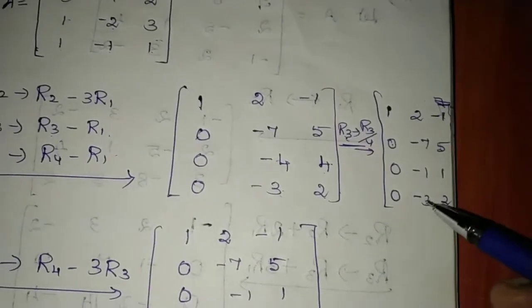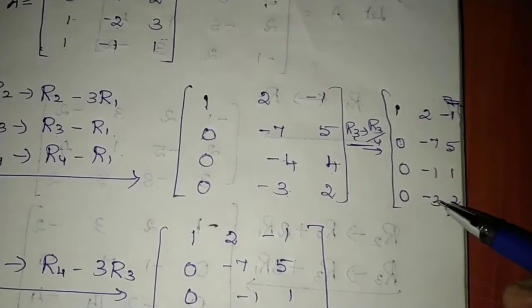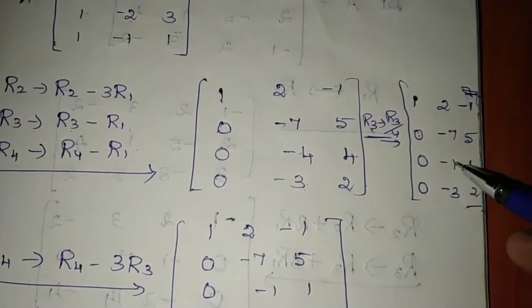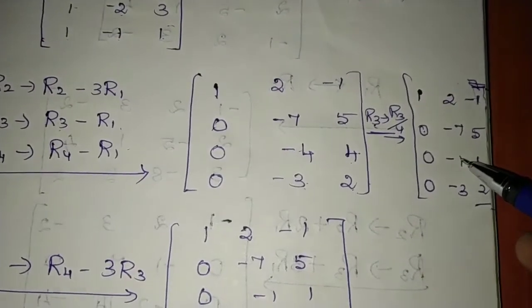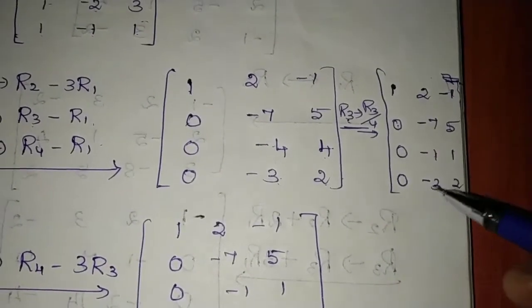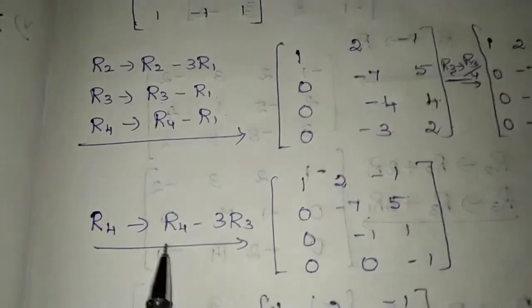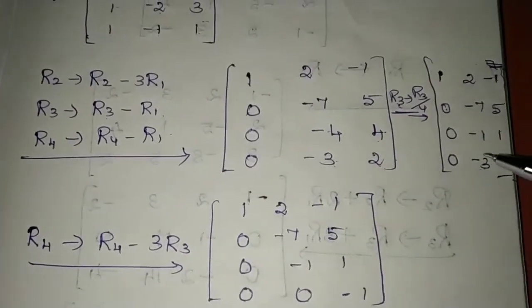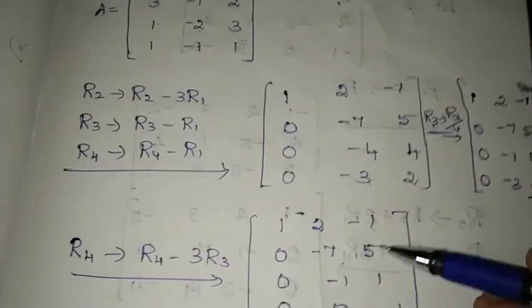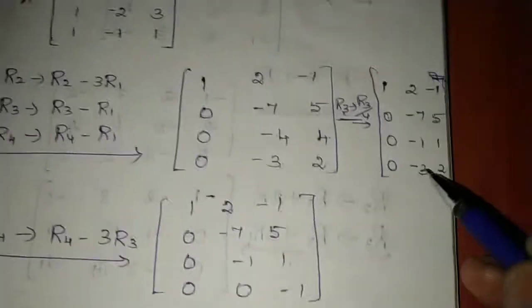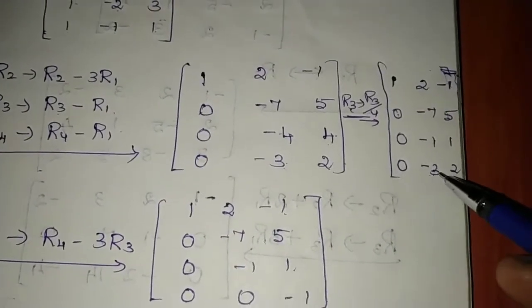Next we have to make this place 0. Here multiplied by 3 and subtract. Now R4 minus 3R3. Using R4 minus 3R3, the first row, second row, third row do not change, only R4 changes.